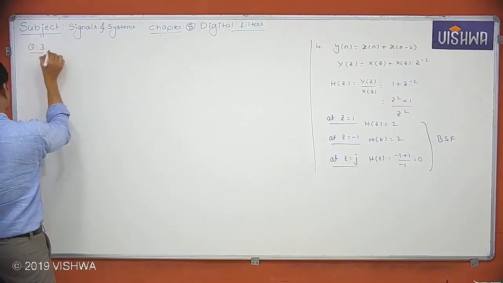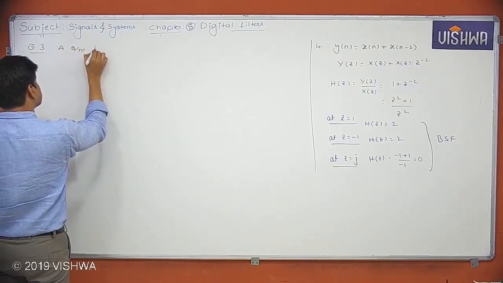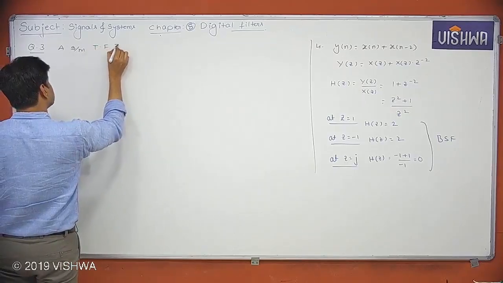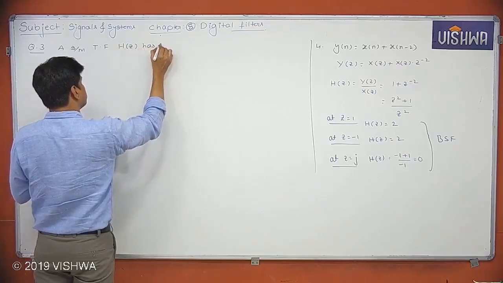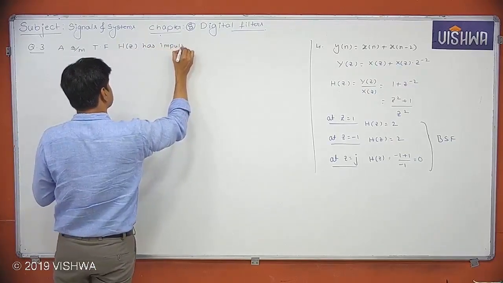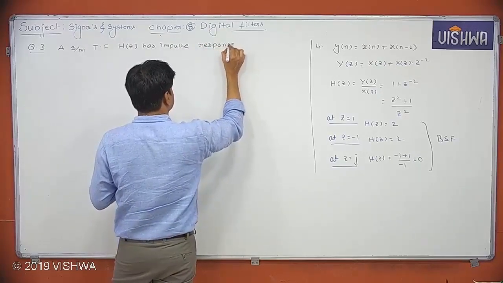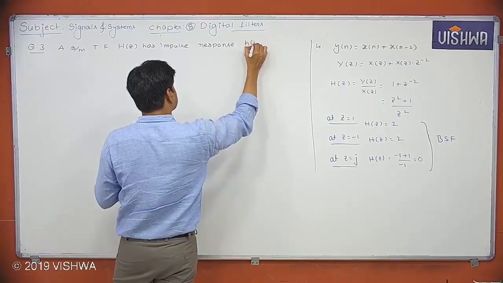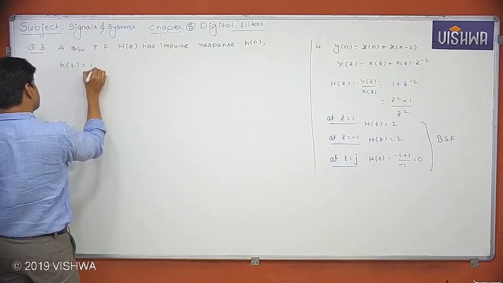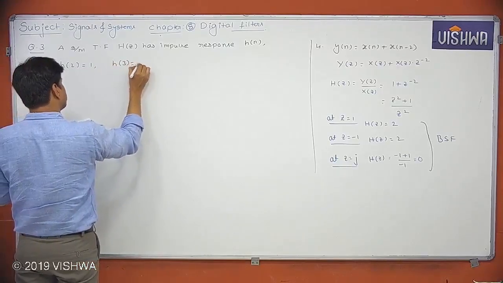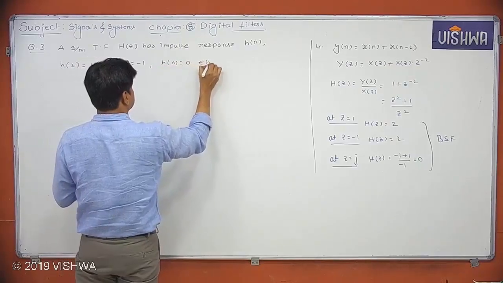Question number 3. A system transfer function H(z) has impulse response h(n), where h(2) is equal to 1, h(3) is equal to minus 1, and h(n) is equal to 0 elsewhere.